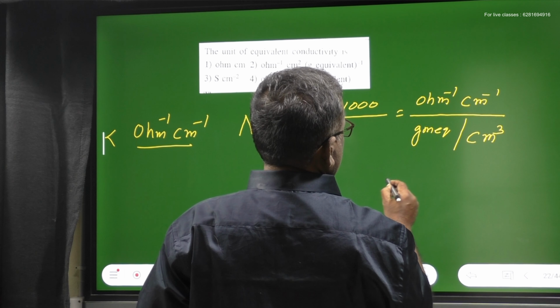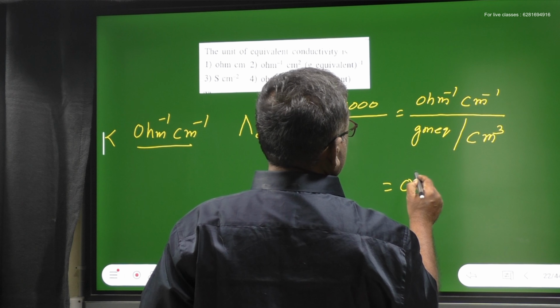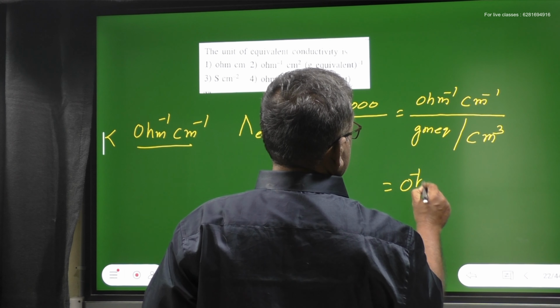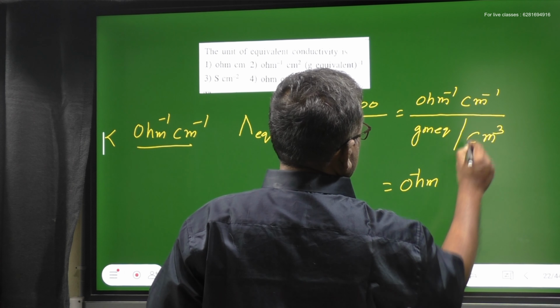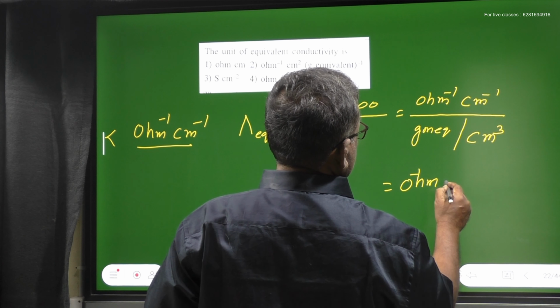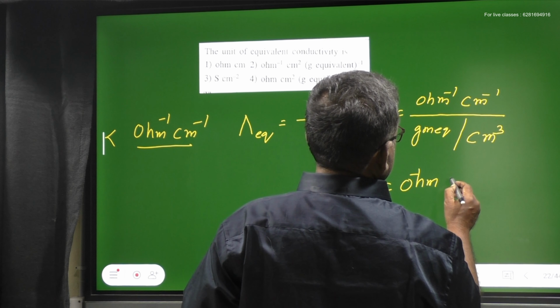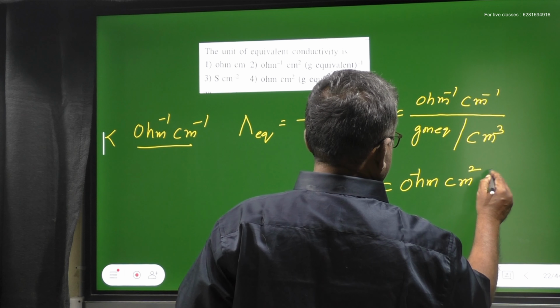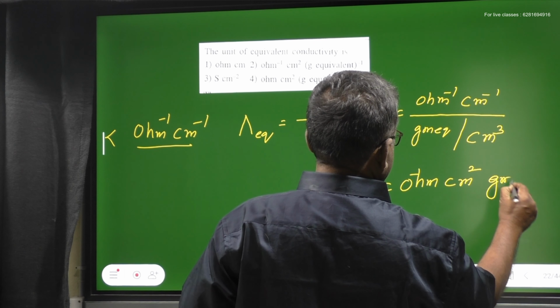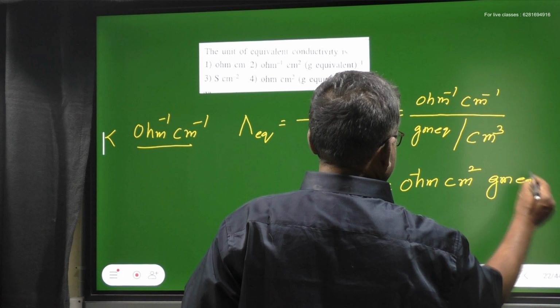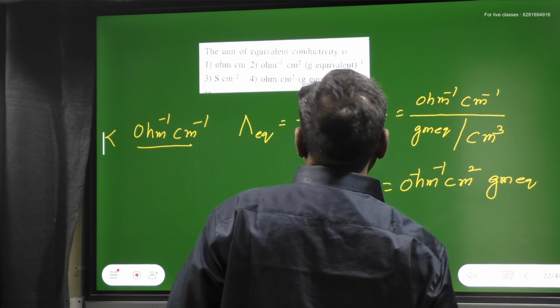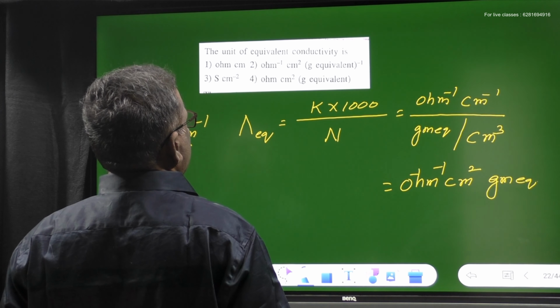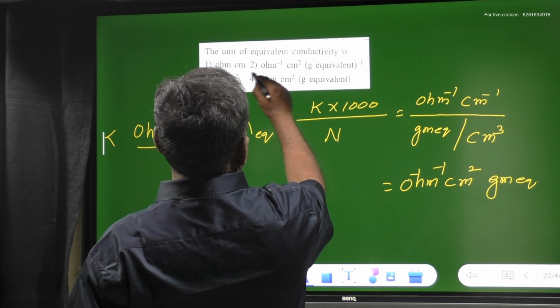On cancellation you will have per ohm centimeter square per gram equivalent. That is the second option.